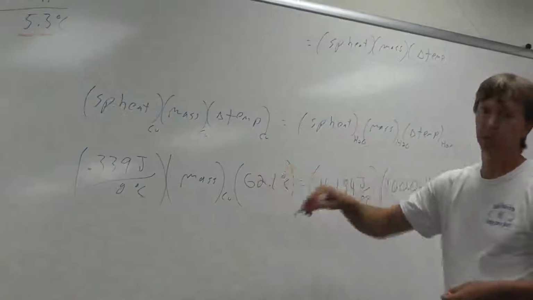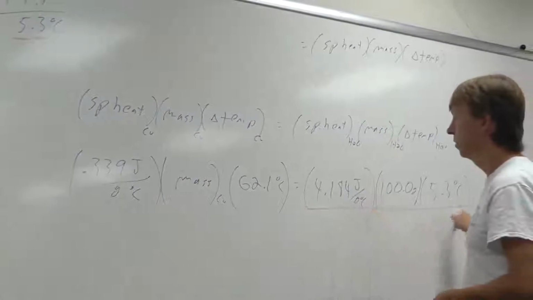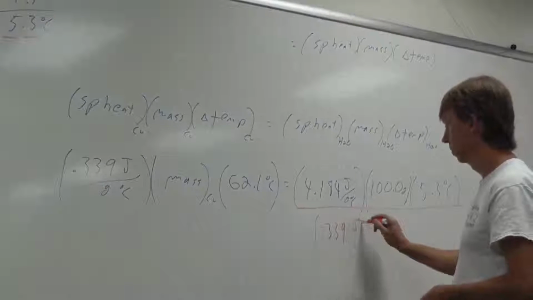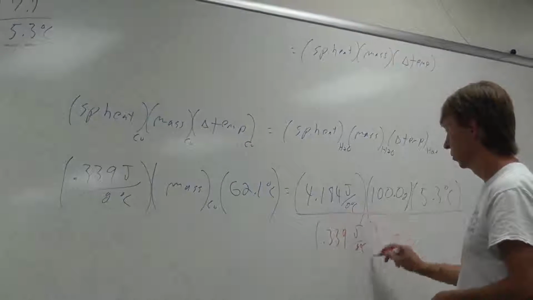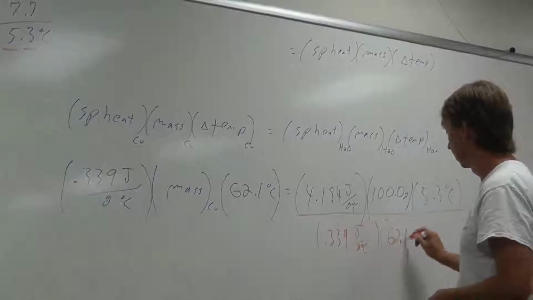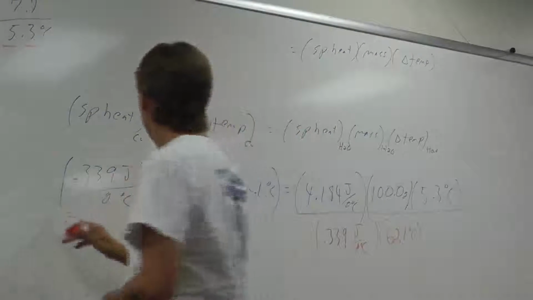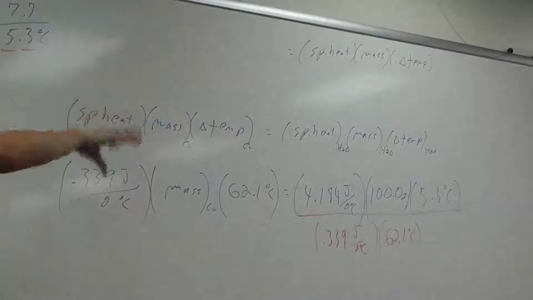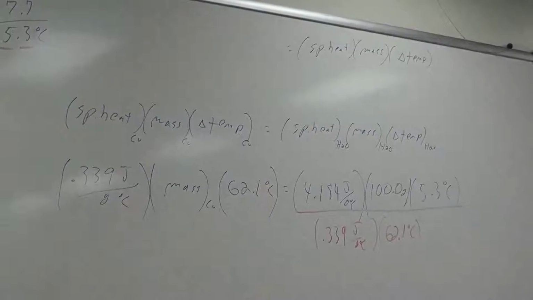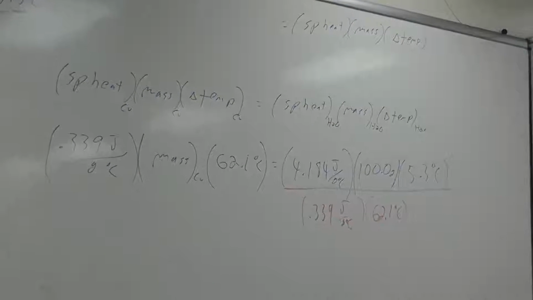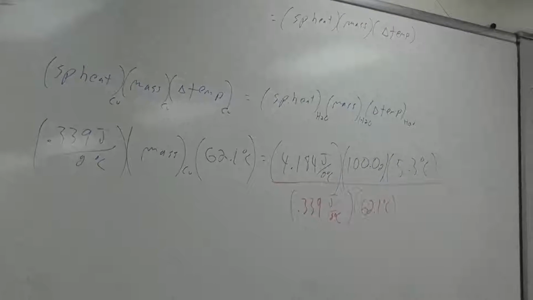You divide these other numbers away from it. So it would be all of this divided by this. If you divide those down to the other side, then mass equals all that. Top is multiplied, denominator is division.